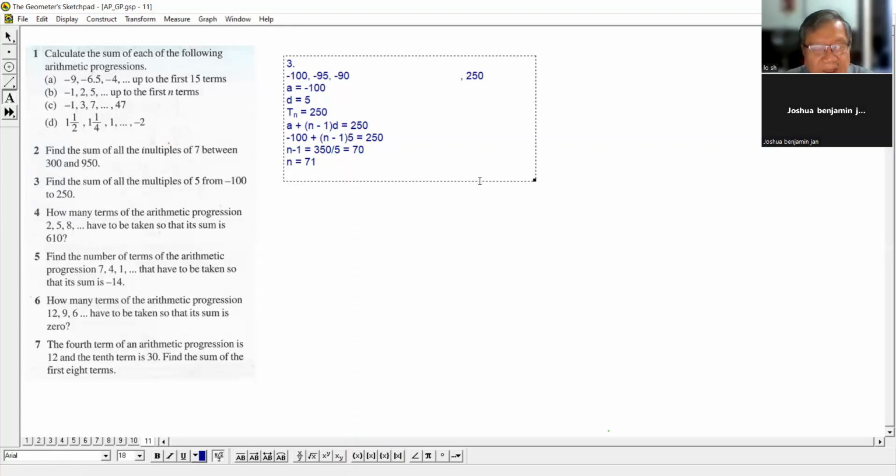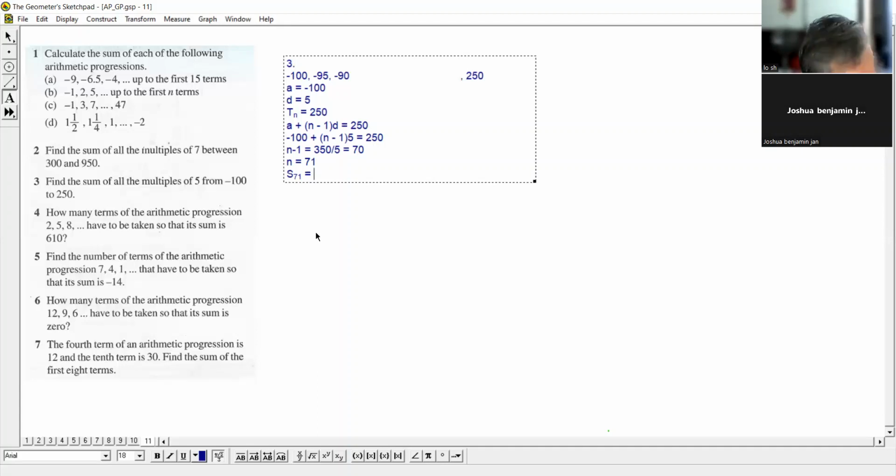So Sn, we'll find what is Sn. I know what N is already. N is 71, so I want to find the sum of the first 71 terms. You remember the formula for Sn?